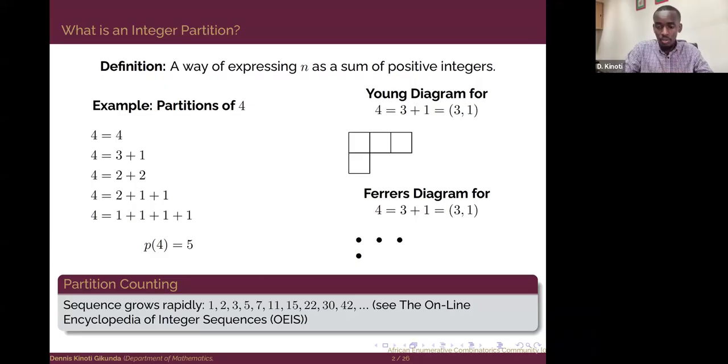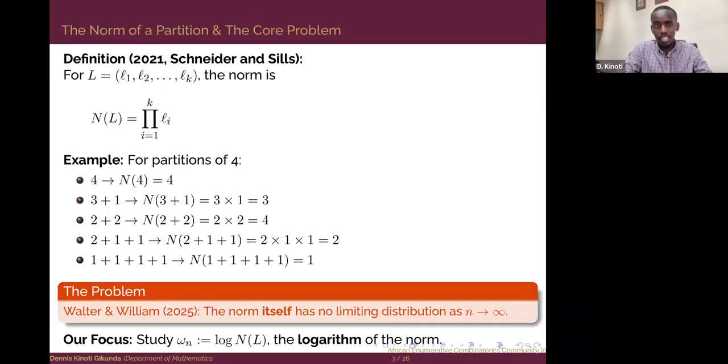What we now do is an asymptotic estimate. I'll define the second term, which is the norm of a partition. Schneider and Sills in 2021 defined the norm of a partition as the product of the parts of the partition. Previously, they had independently worked with the norm of a partition, just without having the definition.